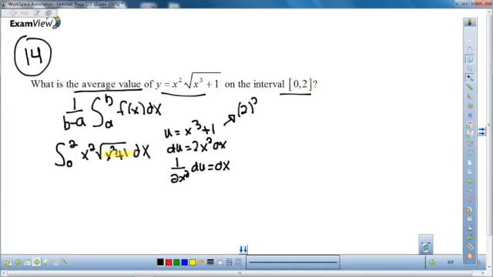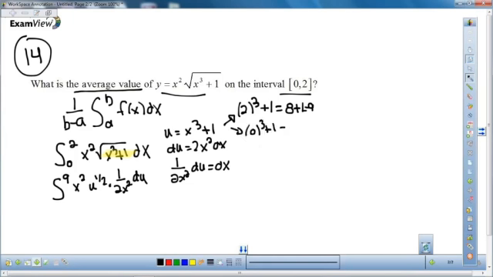So when x is 2, my upper bound is going to be 9. And when x is 0, my lower bound is 1. So notice how my x squareds cancel.